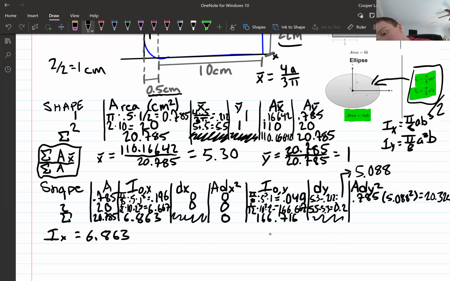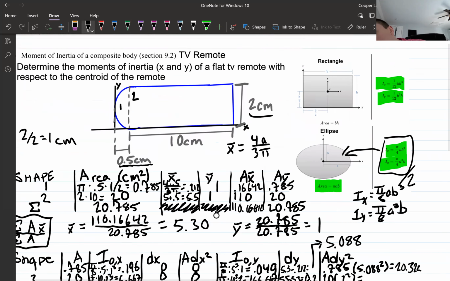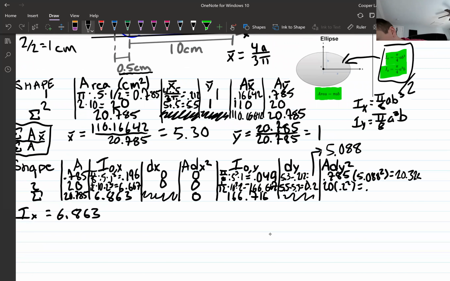Now I'm going to move on and do that for my rectangle. I'm going to take my value of 20 for my area and multiply that by my 0.2 squared value that I got for dy. When I do that out, I'm going to end up getting about 0.8.